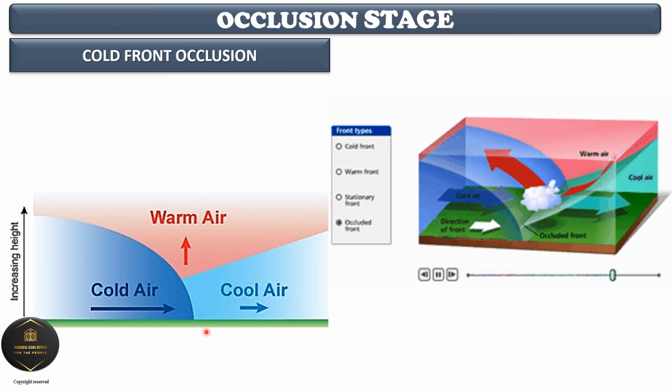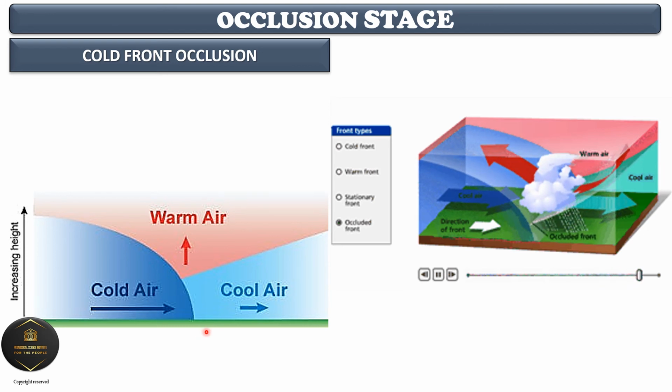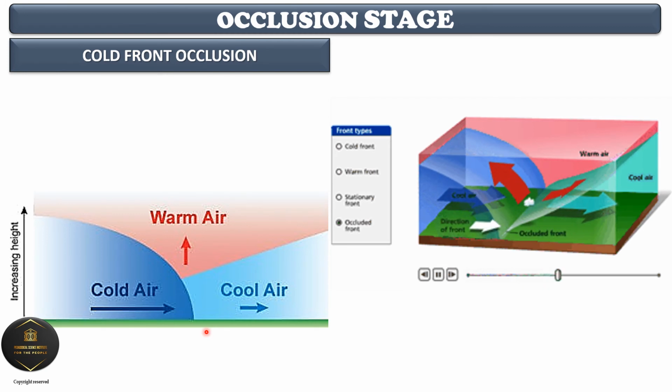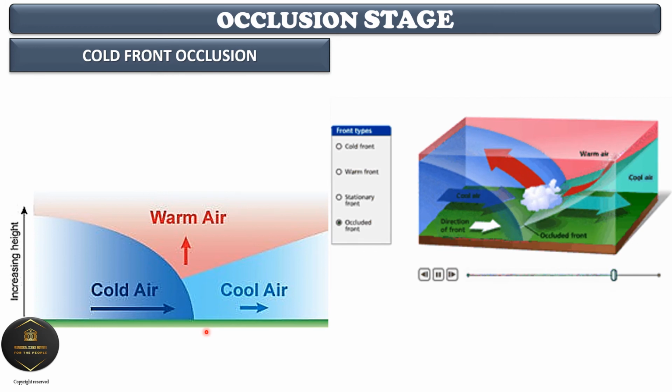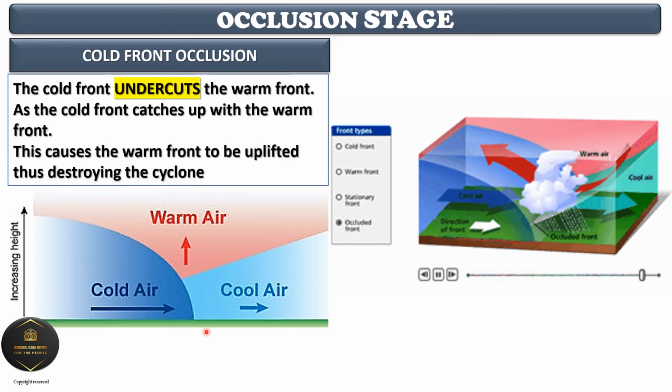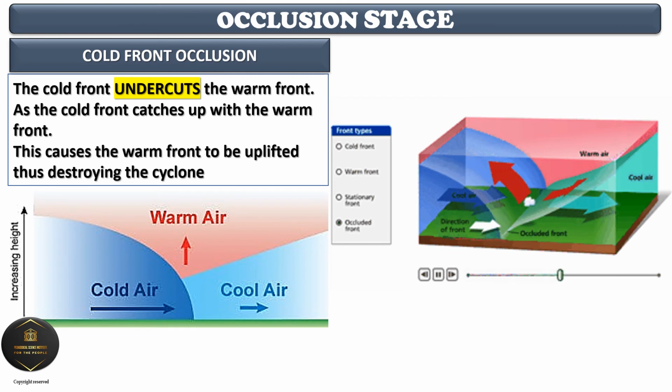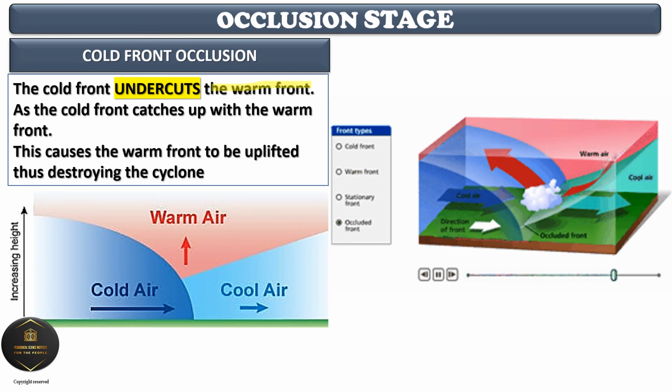Now you must remember, as much as the cold air can catch up with the warm air, the warm air can also catch up with the cold air. This leads to us having two types of occlusion. So we have cold front occlusion. In cold front occlusion, the cold front undercuts the warm front.